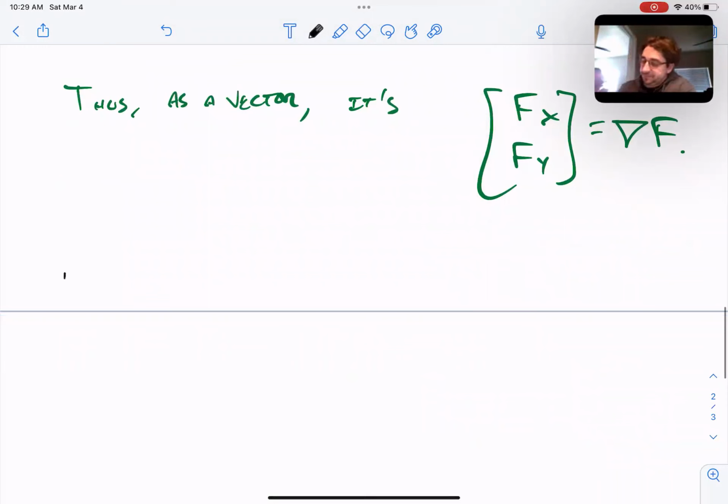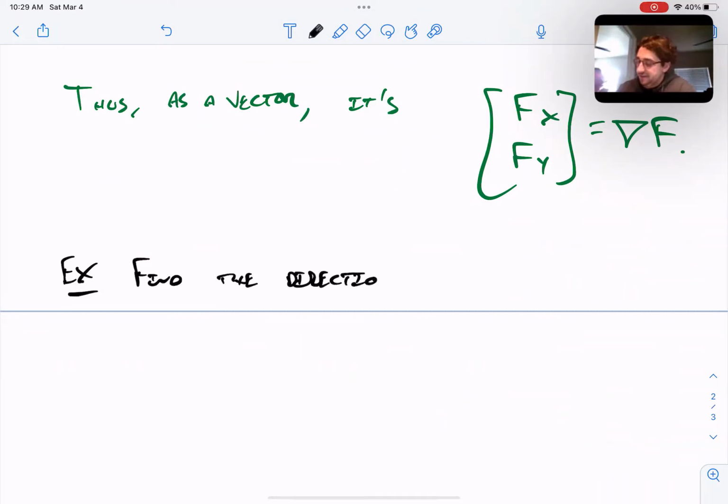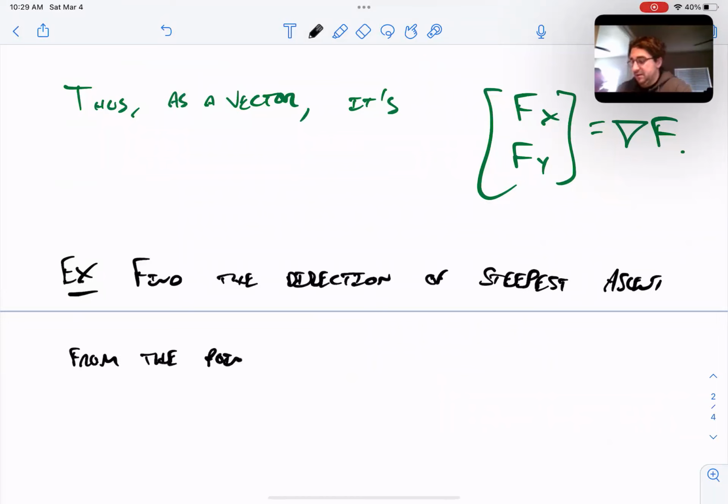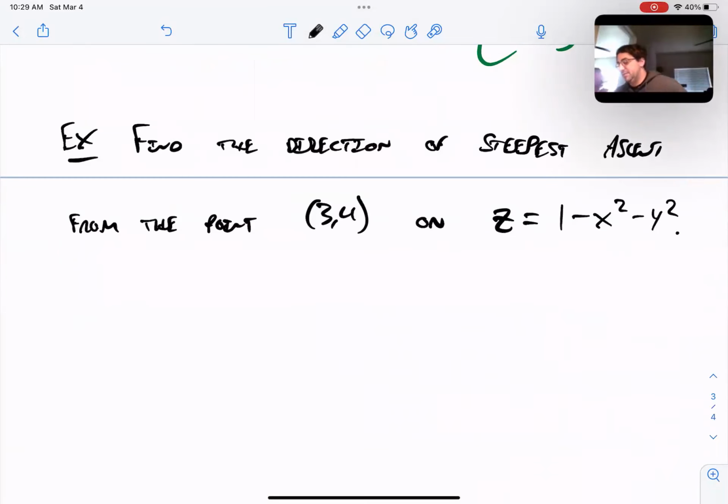So, for example, let's find the direction of steepest descent from the point (3, 4) on the surface z = 1 minus x squared minus y squared. So what is this surface?